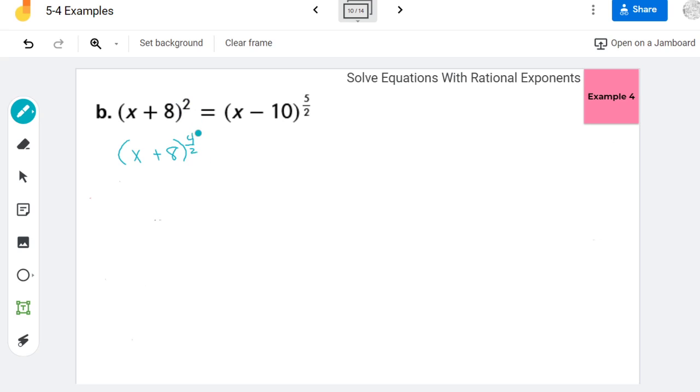Because isn't 4/2 the same thing as 2? And then both of those have a 2 in the bottom, so I could square both sides. But that left me at this point, and you can't do anything with that.